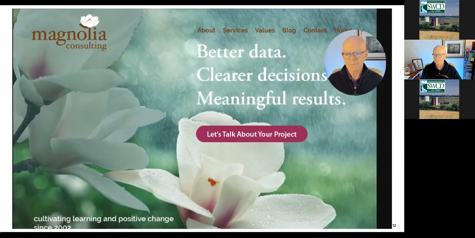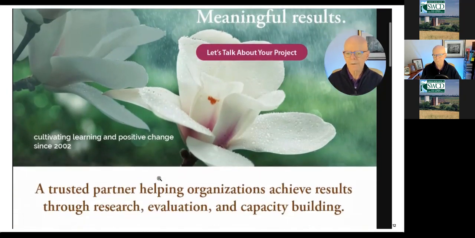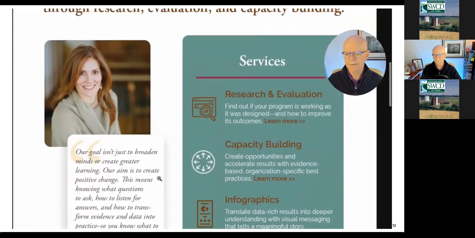You can get more sophisticated if you want by doing something like I did here, where we started for Magnolia Consulting with a Google Doc, and then I brought it into Photoshop and built a complete design around it so that my client could really feel and see what her website was going to look like.